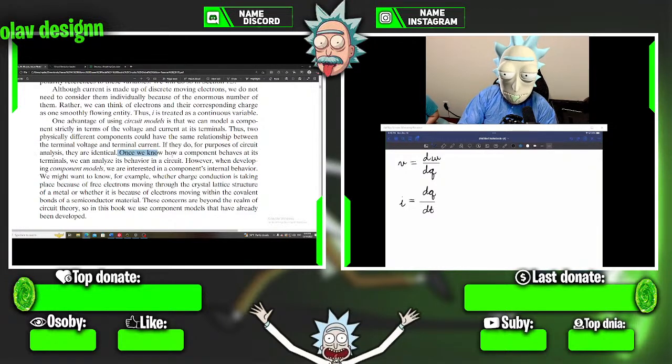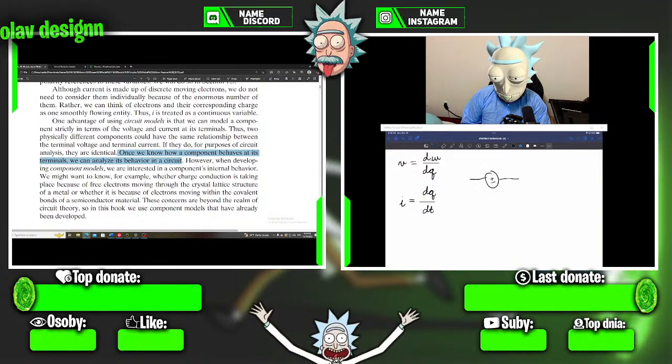Okay? So once we know how a component behaves at its terminals, we know its behavior in a circuit. What does that mean? If I have a voltage source, and on one side it's positive, the other side negative, with a potential difference of 5 volts, I know everything I need to know to incorporate this into my circuit diagrams.